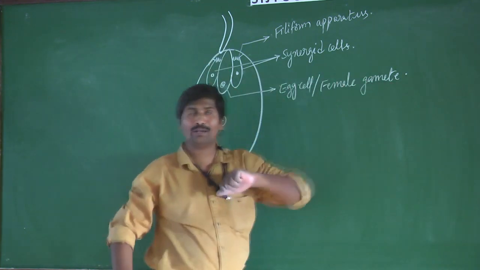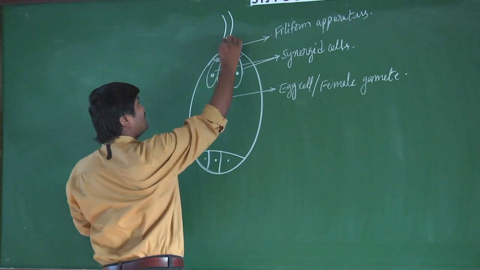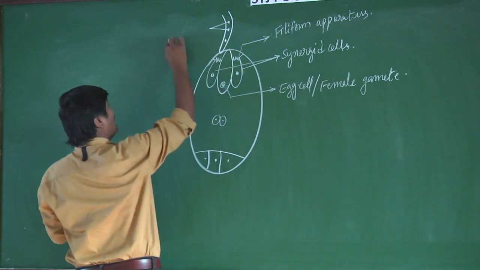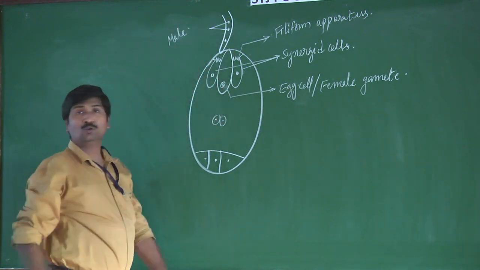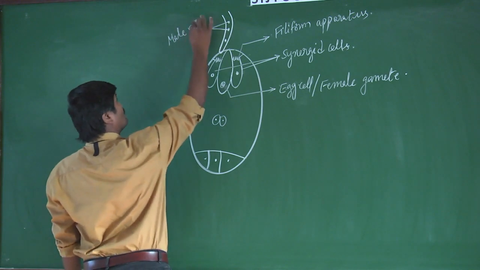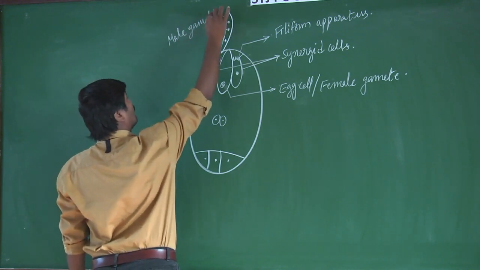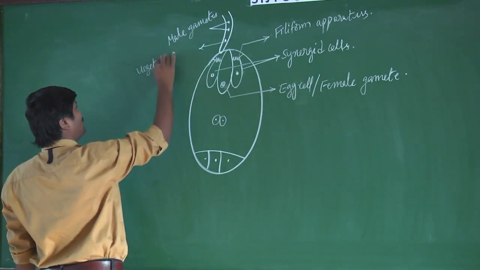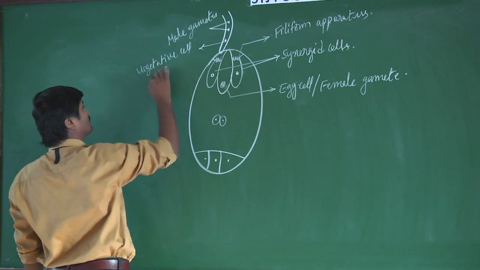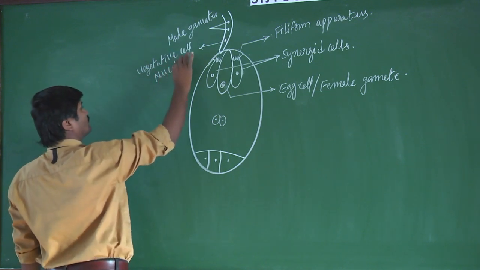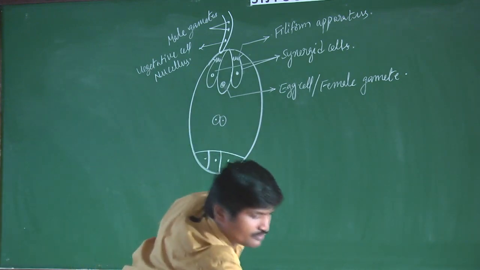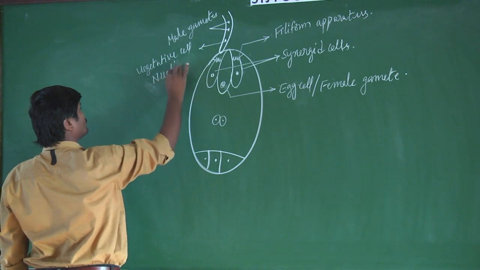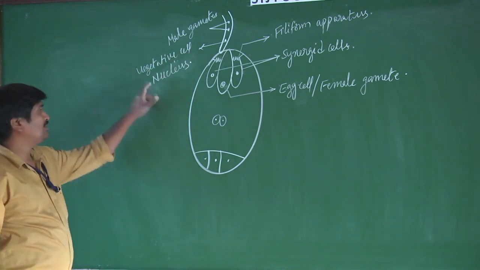Here the pollen tube enters into the ovule, mostly by porogamy. Here this is a pollen tube. The pollen tube carries the 2 non-motile male gametes, and it has a vegetative cell nucleus.